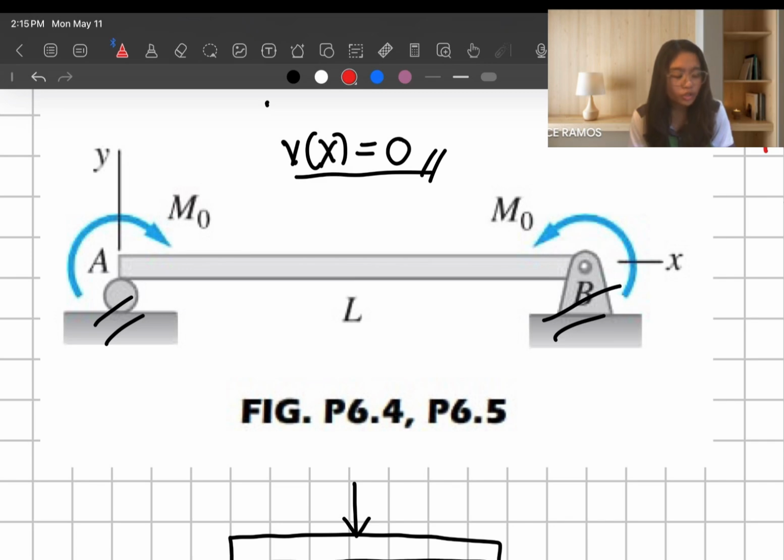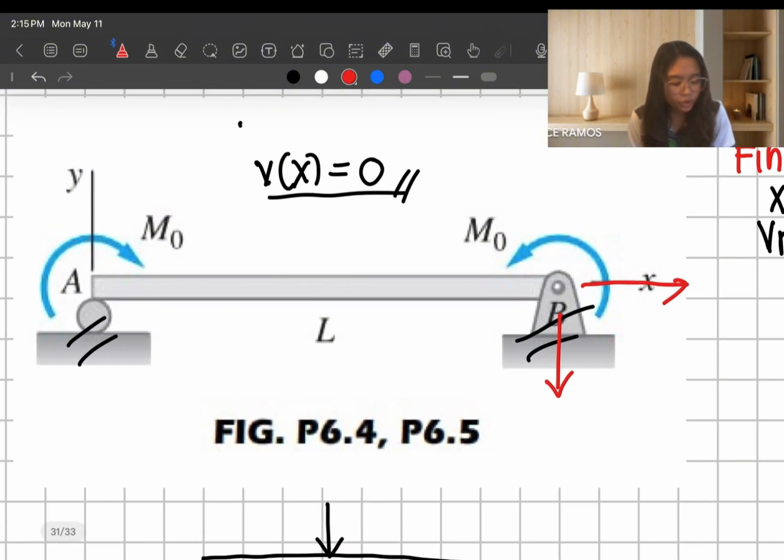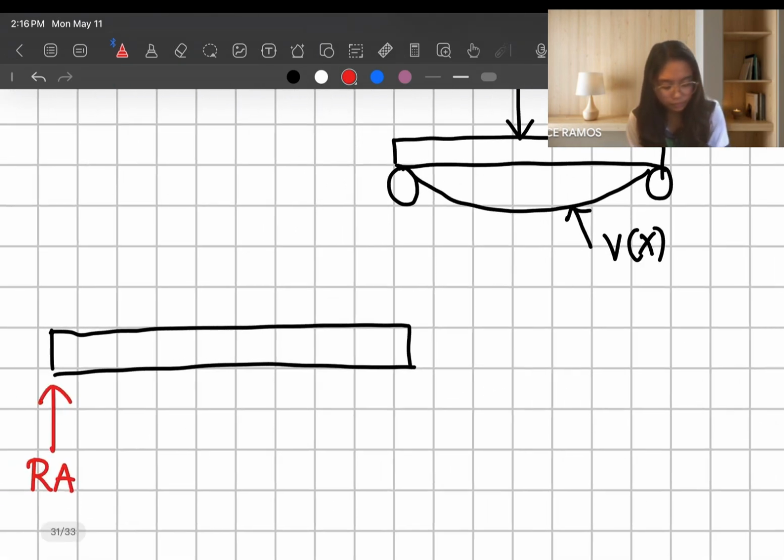Meron itong horizontal at saka vertical force. So, pero sa case natin is ina-neglect na natin itong horizontal force since there is no external horizontal load acting on the beam. So, ang matitira na lang is itong ating vertical force. So, let's assume that the force here is downward.